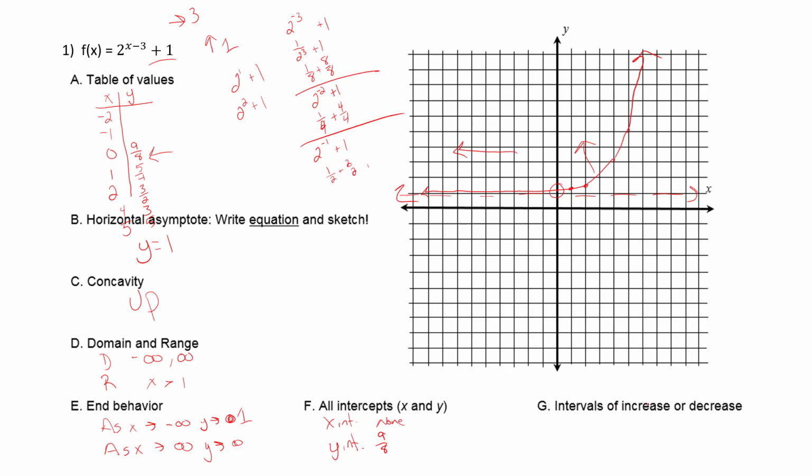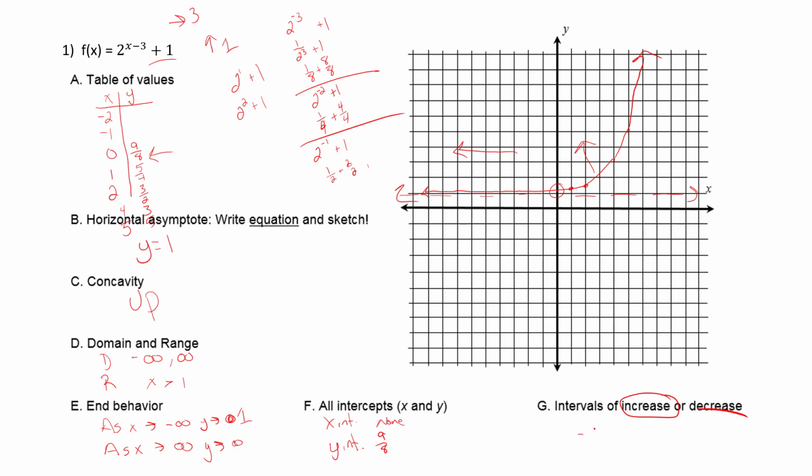Interval of increase or decrease. Well, is our graph going up or is it going down? In this case, it's increasing. When did it first start increasing? We know it's gradually approaching the asymptote, y equals 1. So somewhere way back here, it's really close to 1.